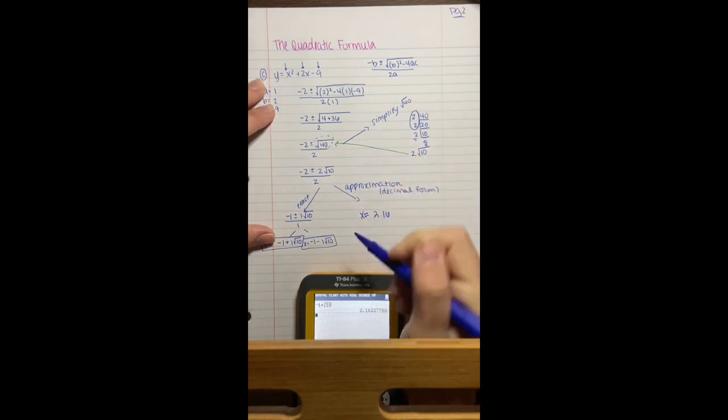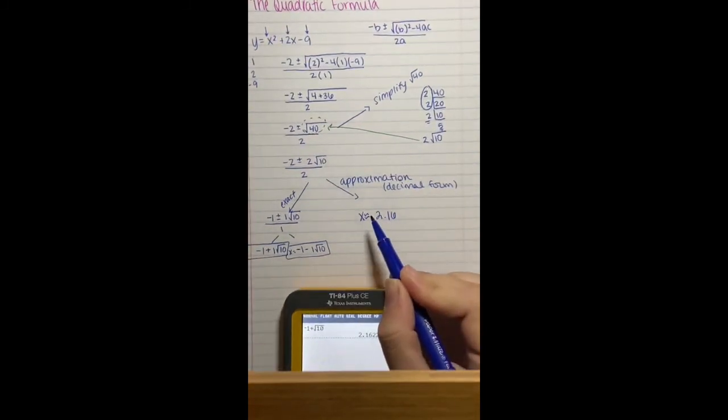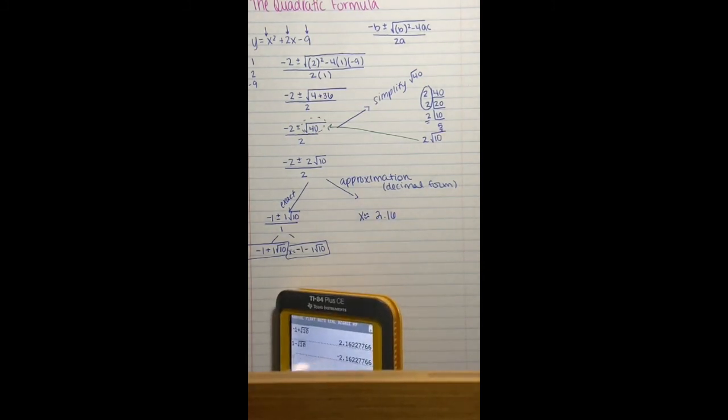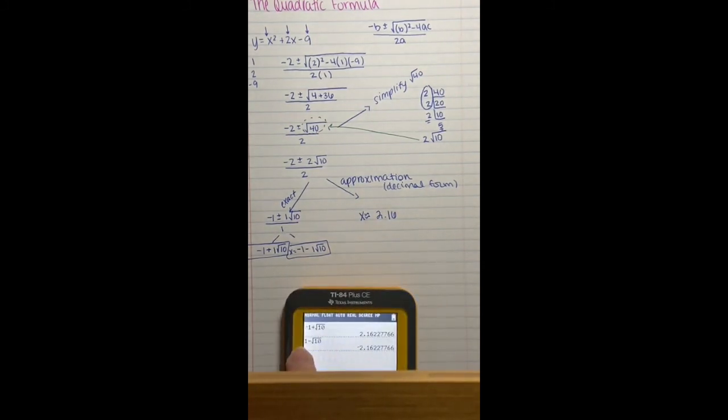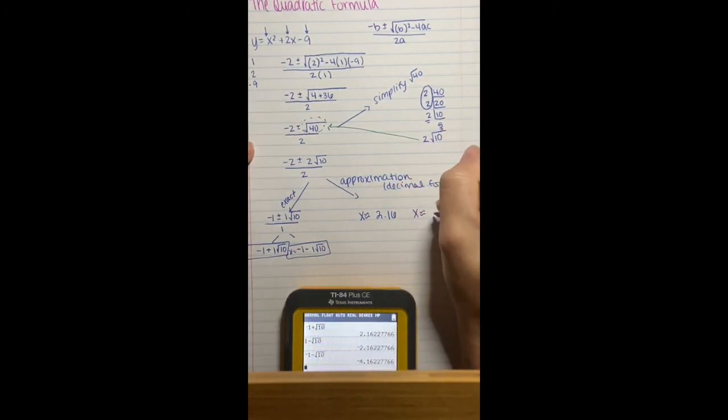And since this is approximation, we want to use our squiggly x equals. Then we're also going to do x minus the square root of 10. Oh, sorry. I need a negative out front. So -1 minus the square root of 10, and that gives me also approximately -4.16.